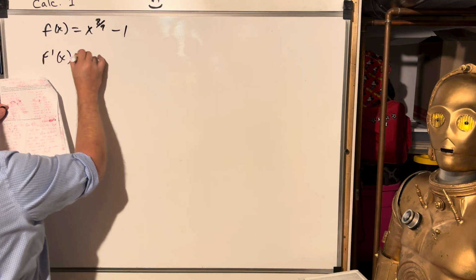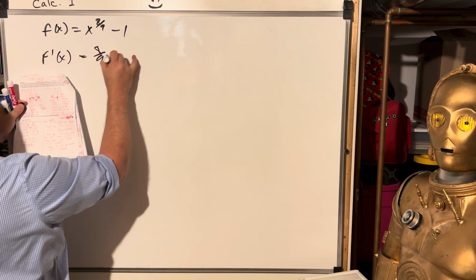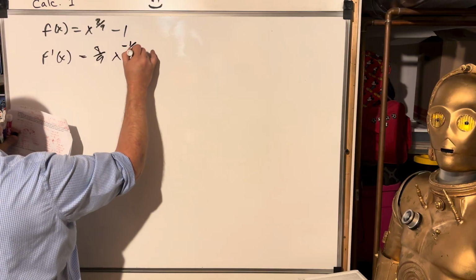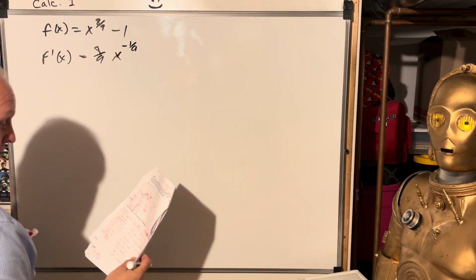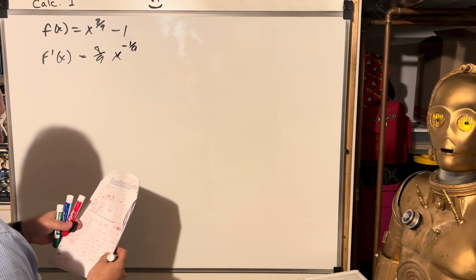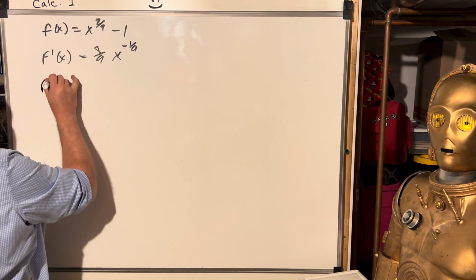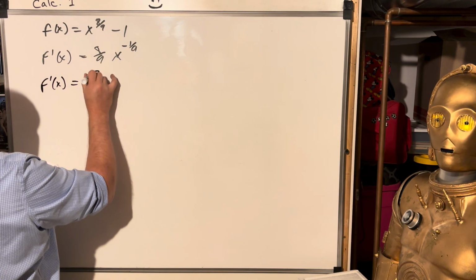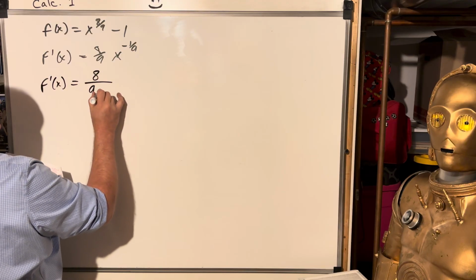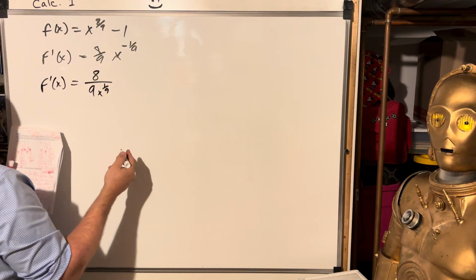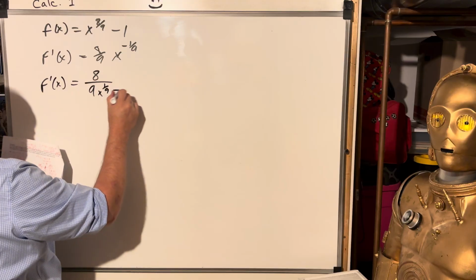So the first derivative is 8/9 x to the negative 1/9. We can rewrite that, 8/9 x to the 1/9. Set that equal to 0.